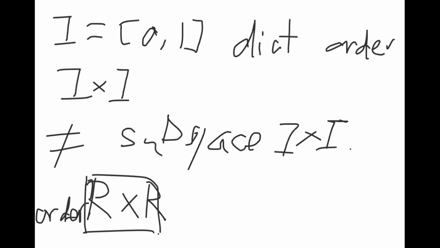So the question is to show that the dictionary order topology on I cross I is not equal to the subspace topology? Yes, the subset I cross I under the dictionary order of R cross R, like R2. They're not the same. Wait, and how do we order I cross I?